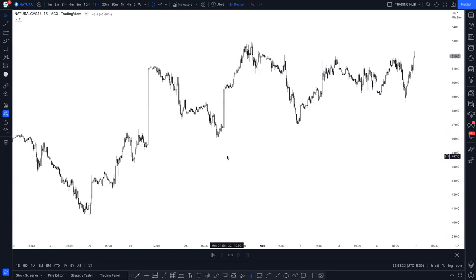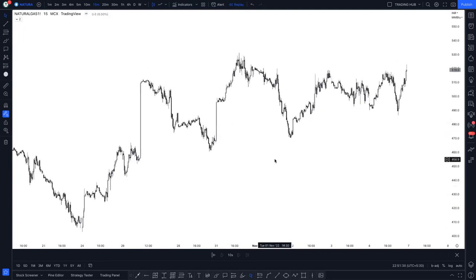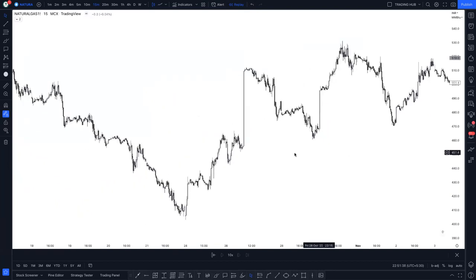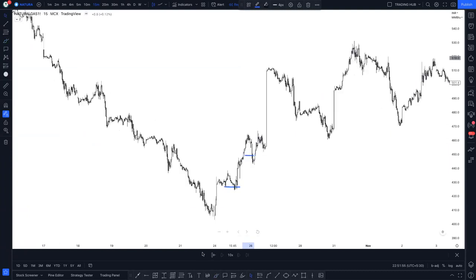I'm just marking the actual structure, right? If you're marking like this one or this one, then you have to switch to the previous CHoCH value, right? And those are here.